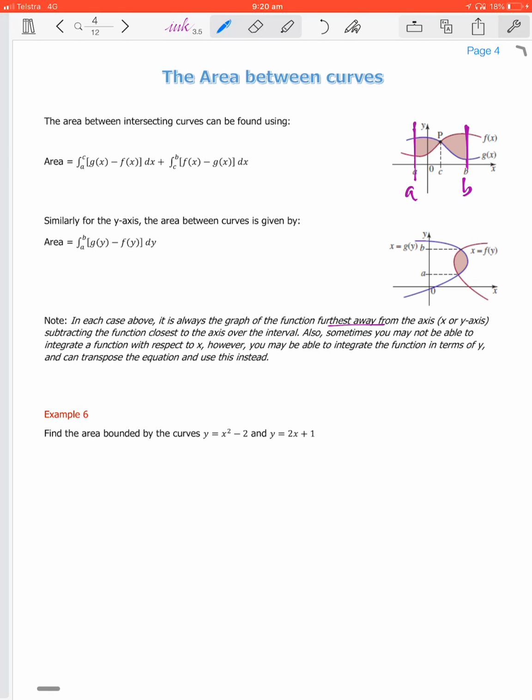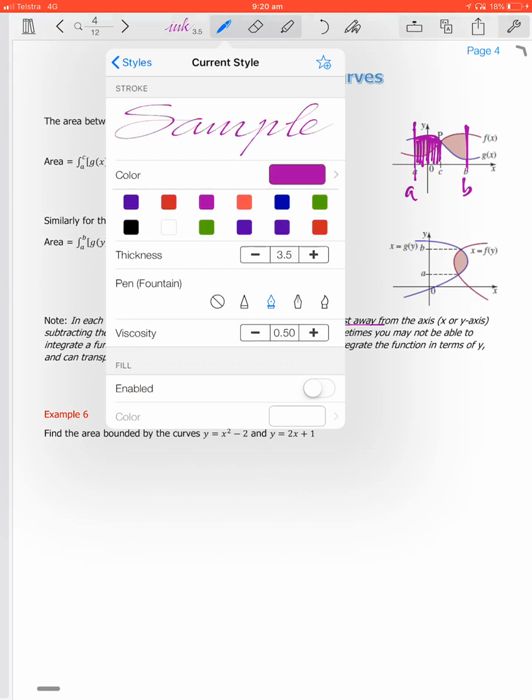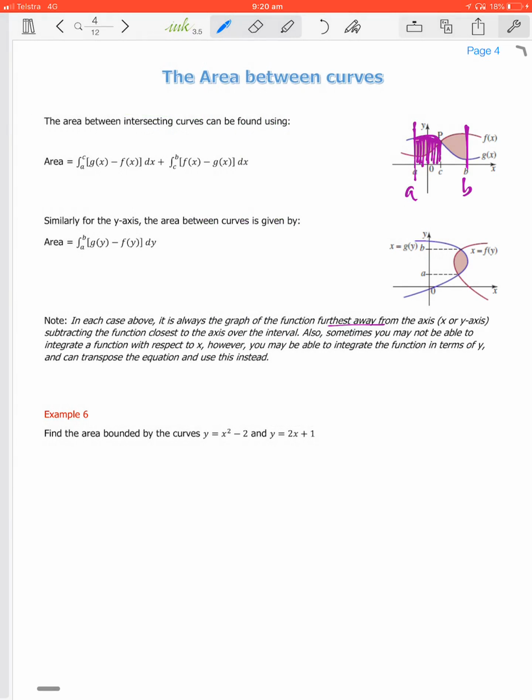It would need to be split into two regions because if I find the area under the graph of g of x, I'm going to get this whole area here. Then if I find the area under the curve of f of x, I'm going to get this area here.